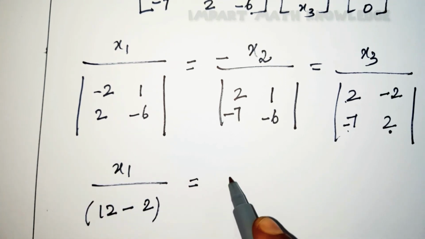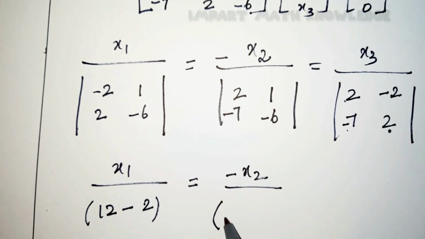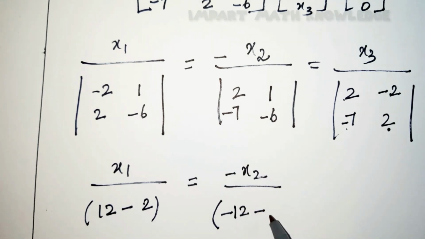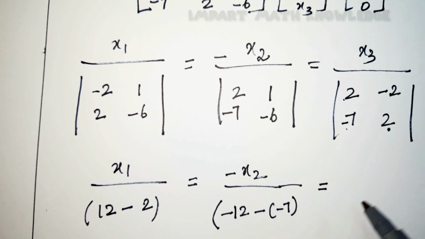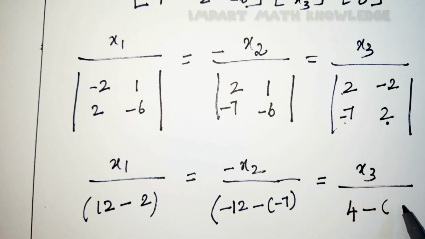This is equal to minus x2 times, 2 into minus 6 is minus 12, minus 7 into 1 is minus 7. This is equal to x3 times, 2 into 2 is 4, minus 7 into minus 2 is 14.